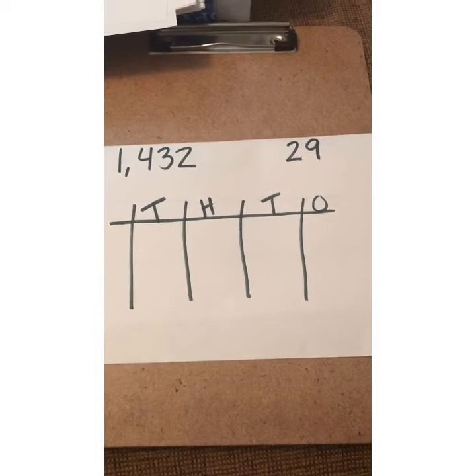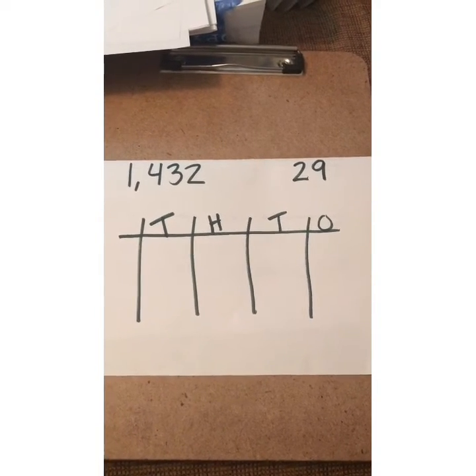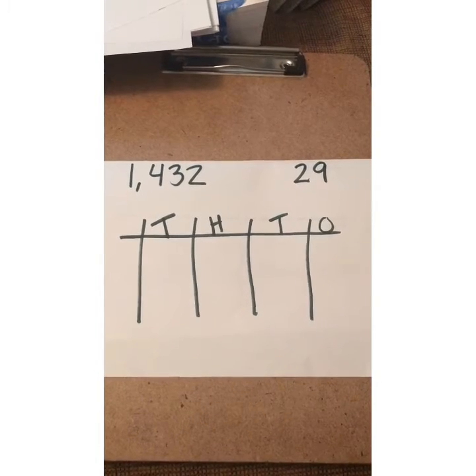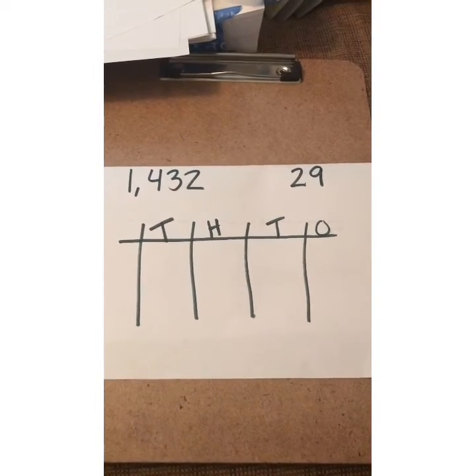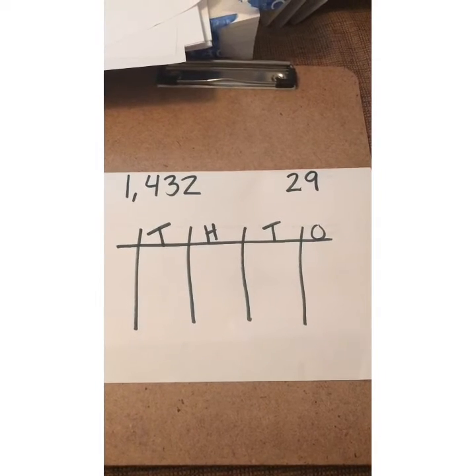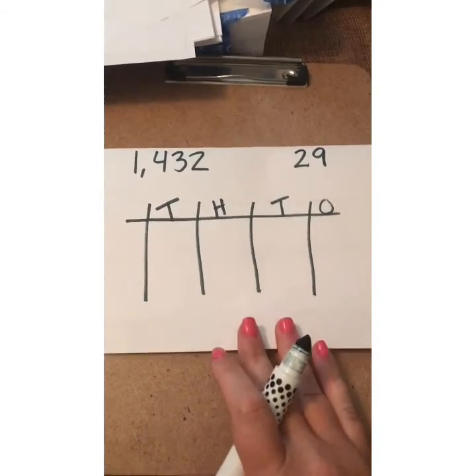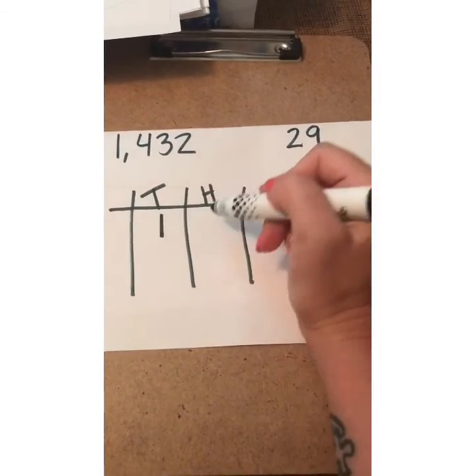Your student may also be asked to compare two numbers and to look at a specific digit. So I have the numbers 1,432 and the number 29. And they may ask for you to explain everything about the digit 2 in both of those numbers and how they relate to one another. So I'm going to go ahead and put them both in my place value chart.